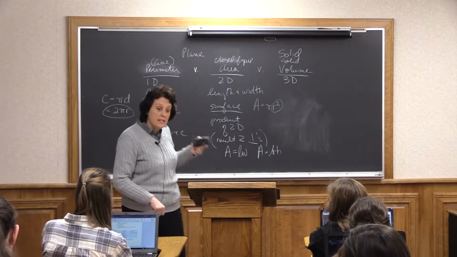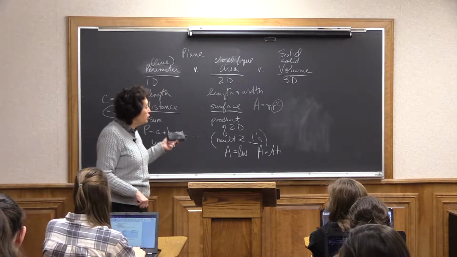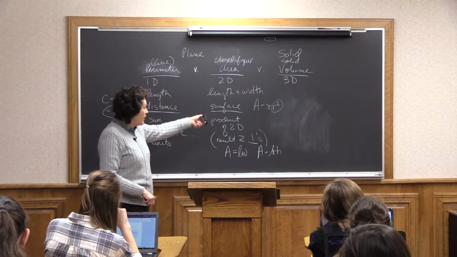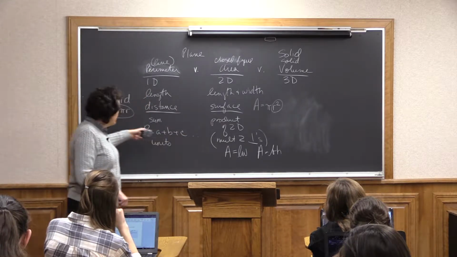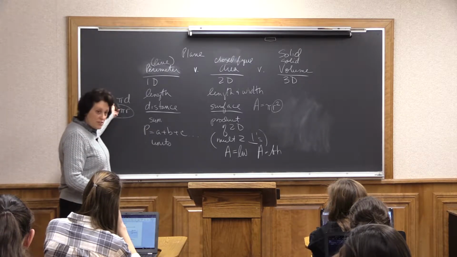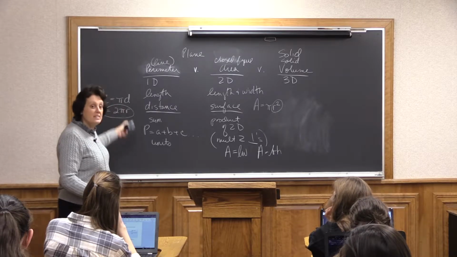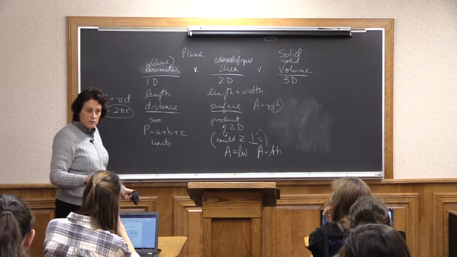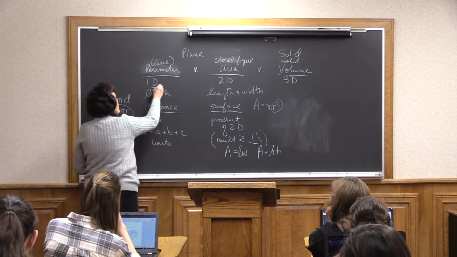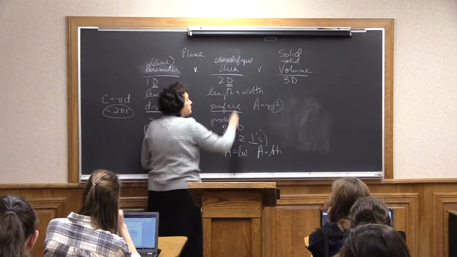Okay, so area is always the product of 2 dimensions. Even if we're doing area of a circle, and perimeter is one-dimensional, even circumference is one-dimensional. It's the distance around our circle. Okay, do you see the difference? And do you see the stress on the dimensions?